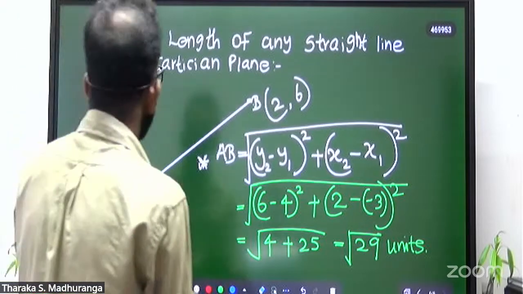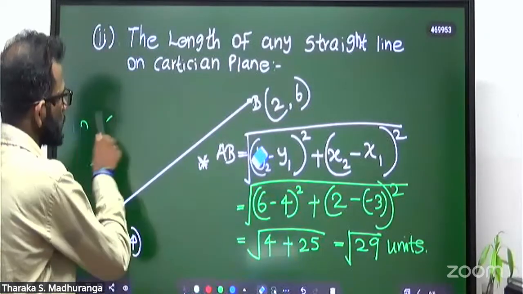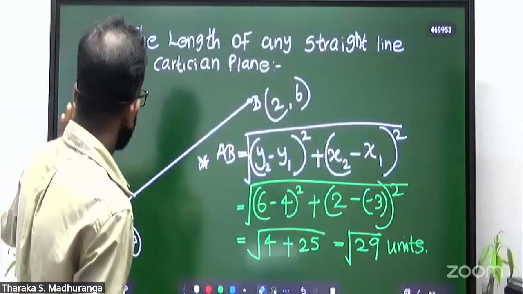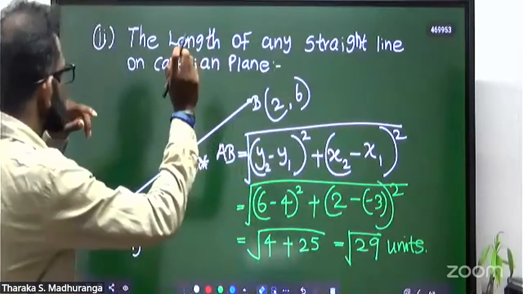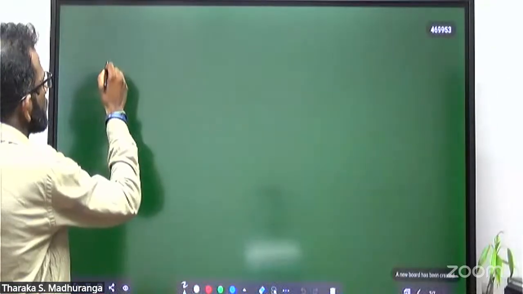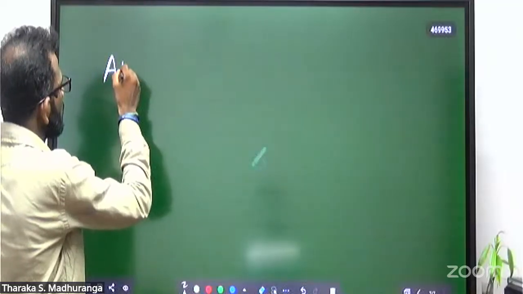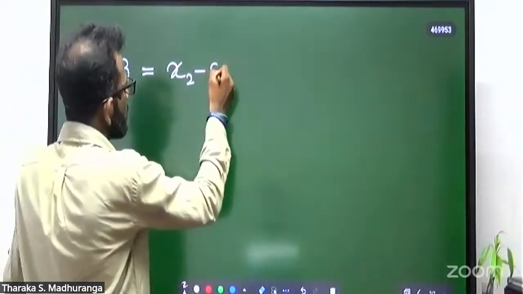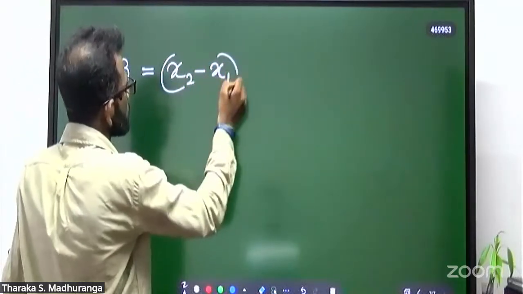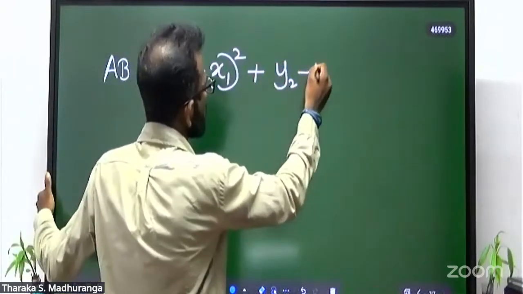Okay, first write down this equation. The actually recommended way is, AB means any straight line, AB equals square root of x2 minus x1 squared plus y2 minus y1 squared.